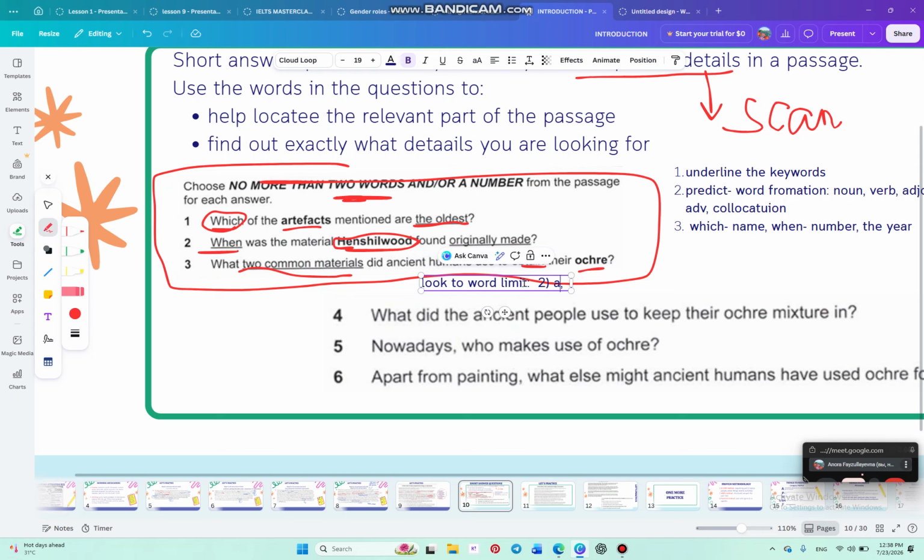For example, you cannot write apple and banana, but you should write apple, comma, banana. Or in some cases the maximum word limit is 3. In this case you can write apple and banana. However, in this 3-word case, if you have written with the comma, this also cannot be a wrong answer.